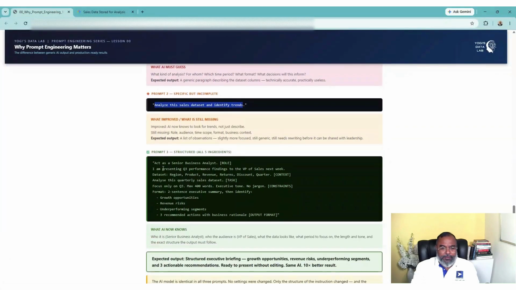Wow, let's go ahead. So I'll add all of them together. So what I'm putting is this one: act as a senior business analyst. I am presenting Q3 performance findings to the VP of sales next week. Then you're setting the data set is this, you're setting the context, analyze this quarterly sales data set, focus only on Q3, max 400 words. The same thing that we read before.